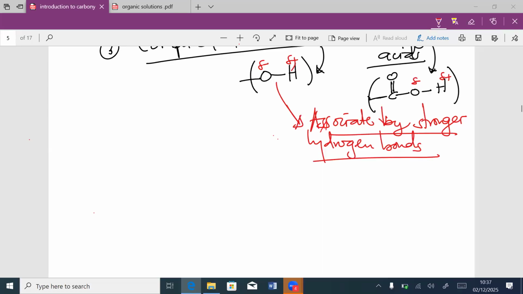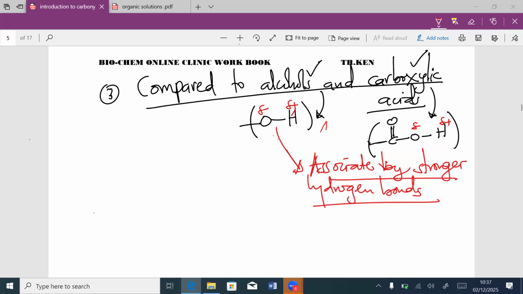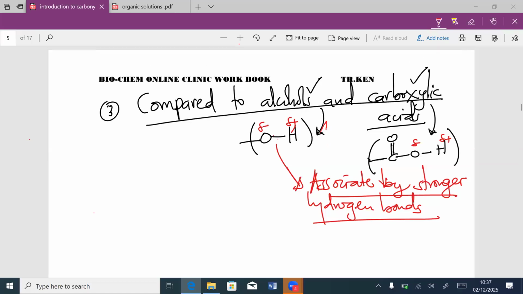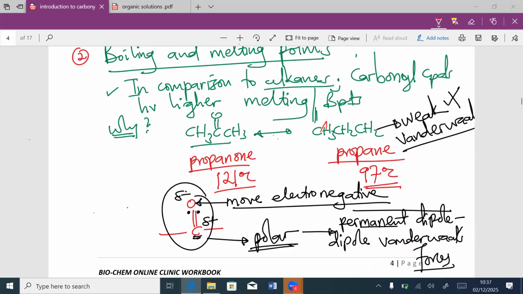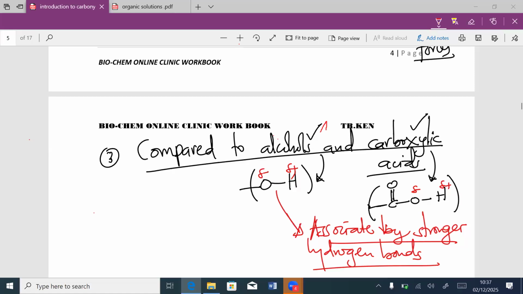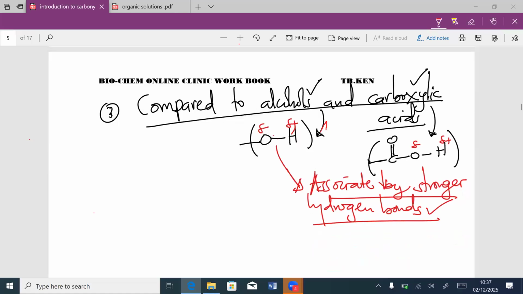These hydrogen bonds are strong and cannot be easily overcome at a particular temperature, compared to these other carbonyl compounds that do not associate by hydrogen bonding.